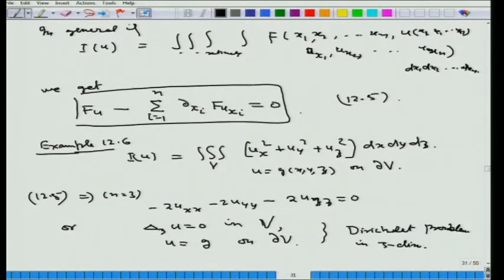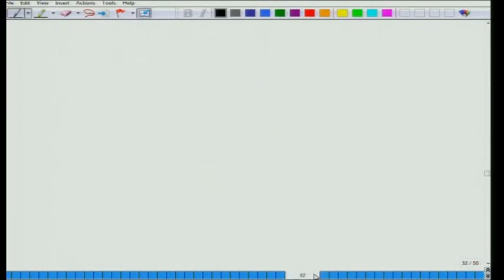Now, if you have mixed kind of or higher order derivatives like this, if I of u is of the form that triple integral over V of f(x, y, z), or let us do it for 2 dimensions and then it can be extended.